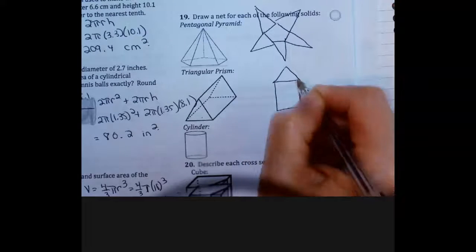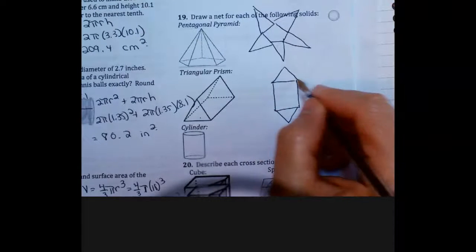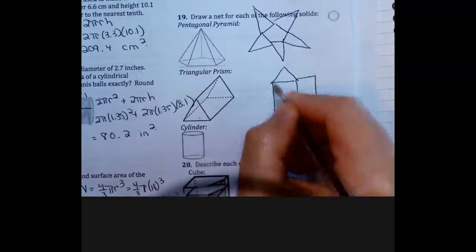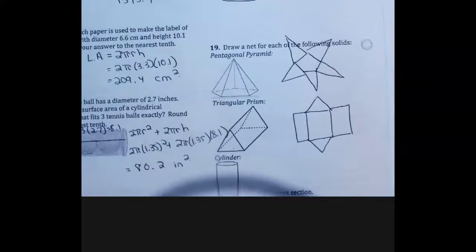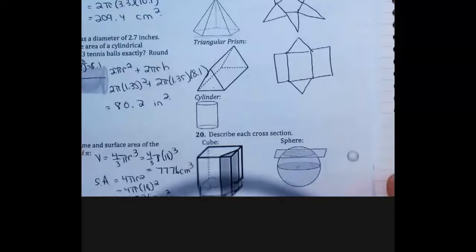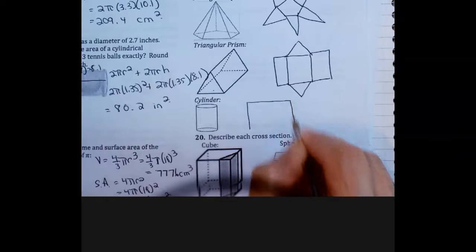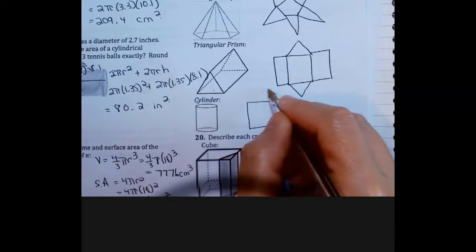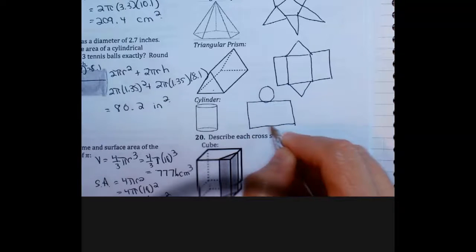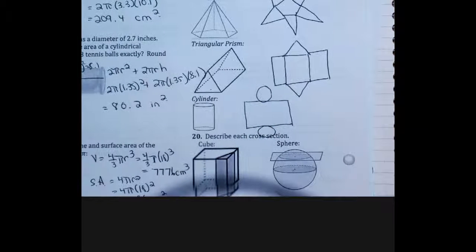There's a lateral face. There would be that other triangular base, and then the other two lateral faces. And obviously on Math Excel, it'll be a little bit easier to figure those out, but just do your best even if you had to sketch it. Okay, the cylinder, if you can envision, this kind of goes along with the soup label. The part all the way around there is actually a rectangle, and then you just have a circle up at the top, circle at the bottom.